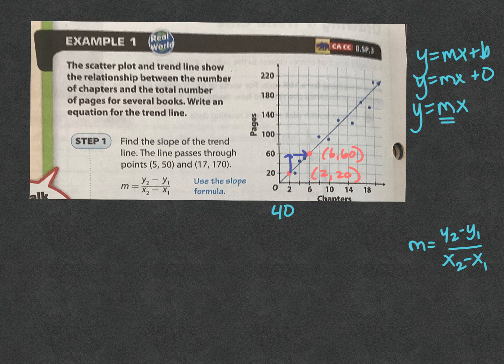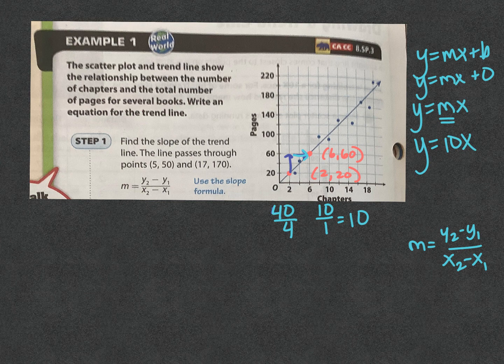And I run by, these are counting by 2, so 2, 4. I run by 4. So I've written my slope as rise over run, and that's a reducible fraction. 4 goes into both of those. 4 goes into 40 10 times and into 4 once. My slope is 10. So there's my equation.